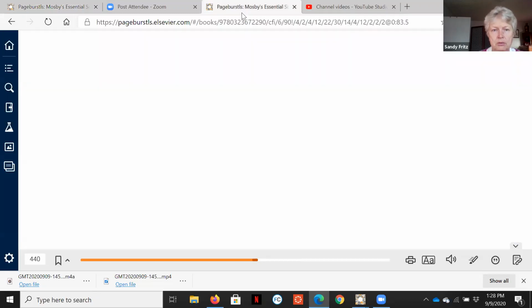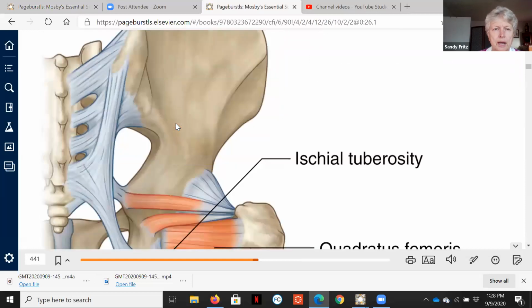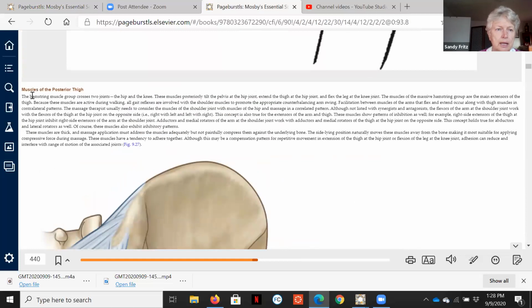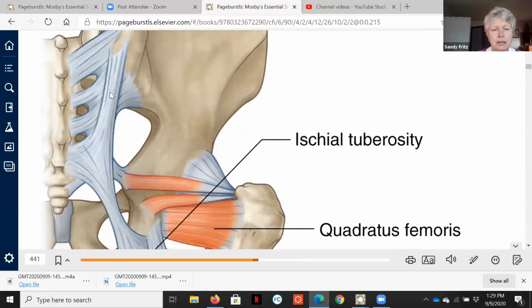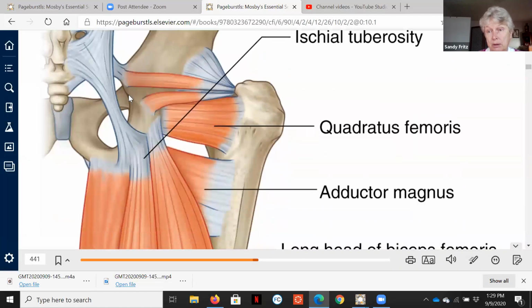I'm going to switch screens now. And we are in chapter 9, and we are looking here at muscles of the posterior thigh. Some of the muscles that we just read about are located in the posterior thigh, and some of them are located in the calf.